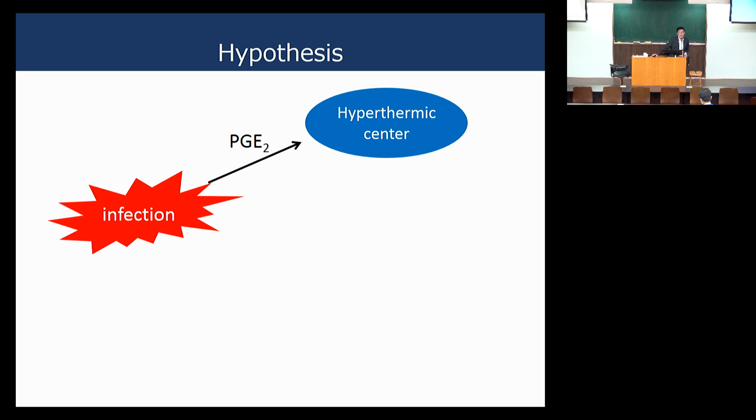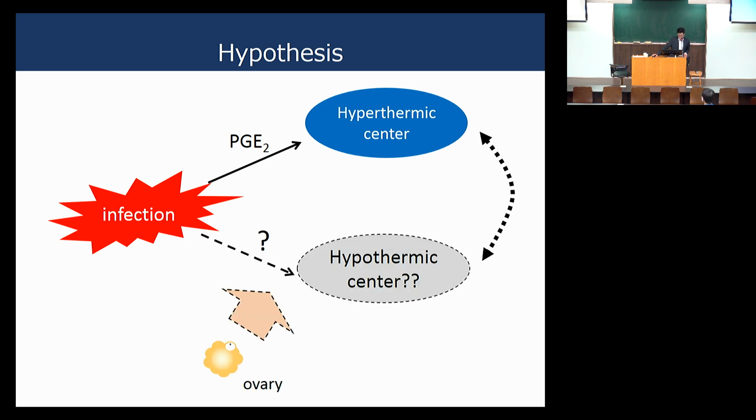But from our result, there should be some hypothermic center in the brain as well, because when they don't have this, they got a very acute and very deep drop of their body temperature.